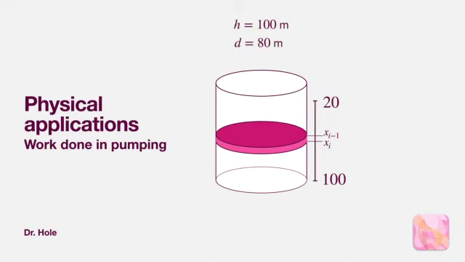Okay, so this slab of liquid, how much is present? What is its volume? Well, we can compute the area of this disk, pi r squared, and then multiply by its depth, delta x. So we need to remove this much liquid, V sub i.